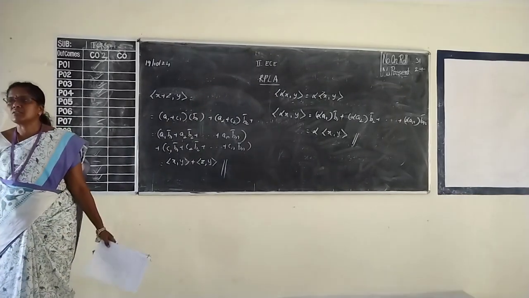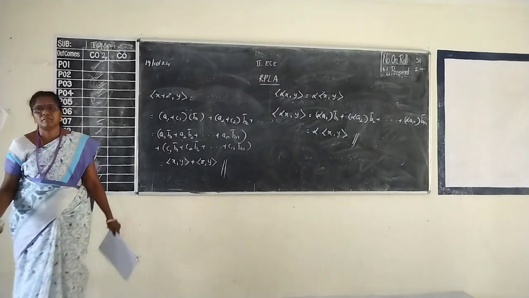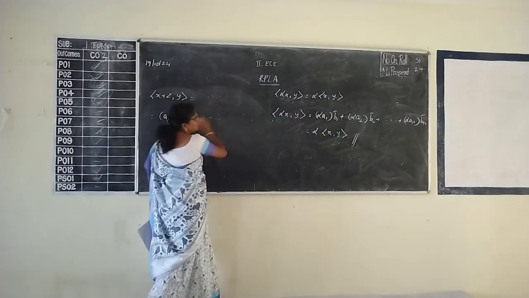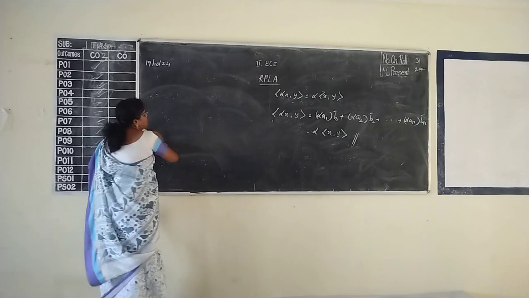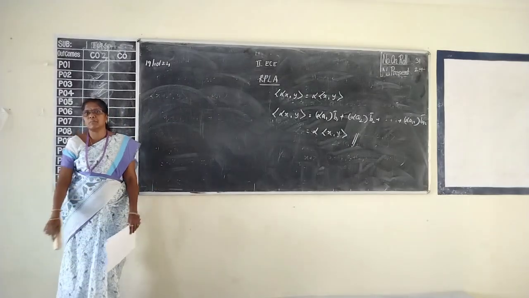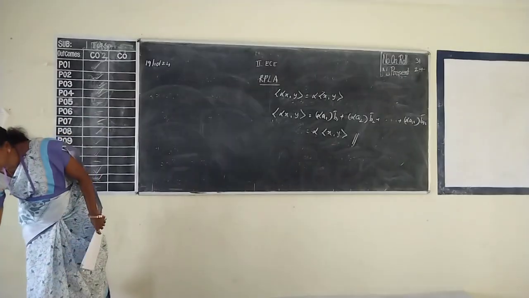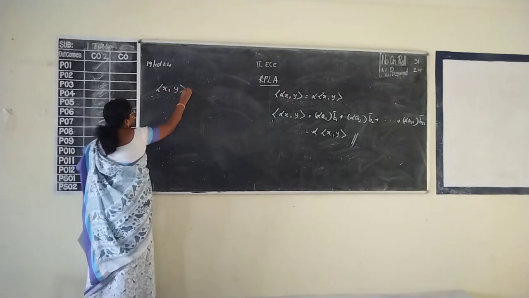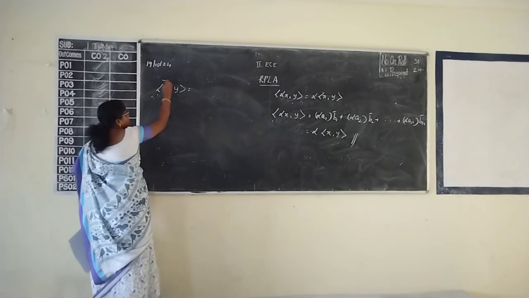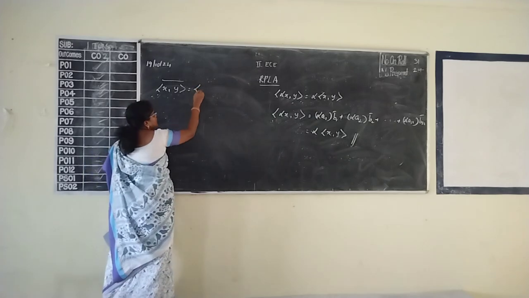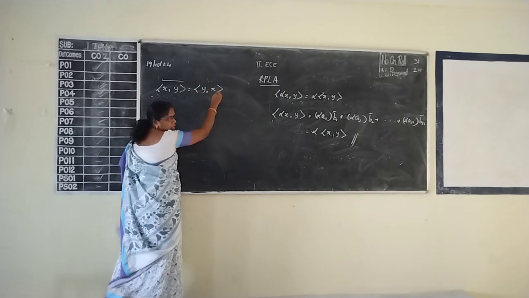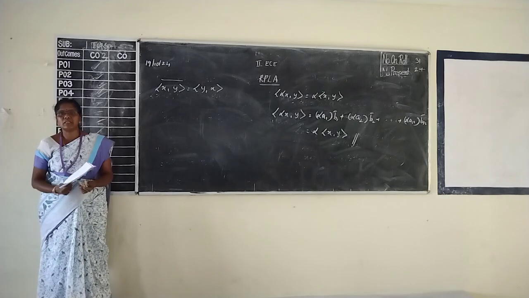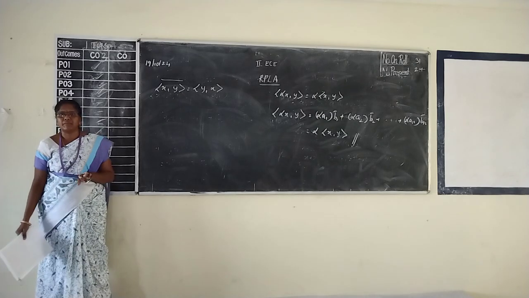Now we are with the last result. Should we discuss the last one now? So what is the last one you have to prove? The inner product of x comma y, whole bar, is equal to the inner product of y comma x. Already you know what the inner product of x comma y is.